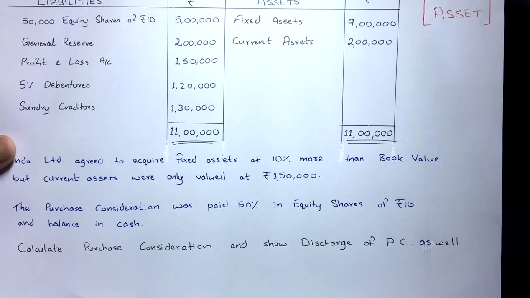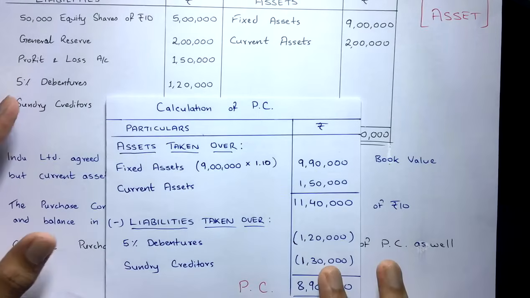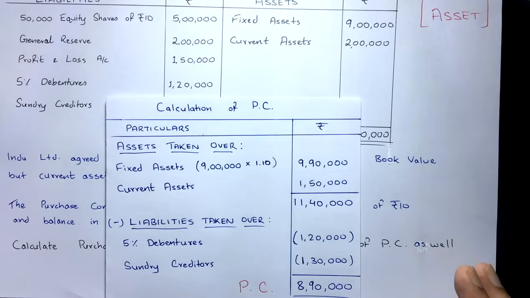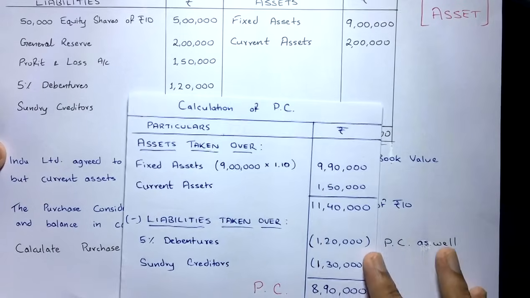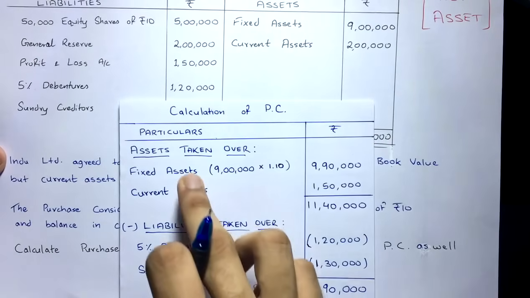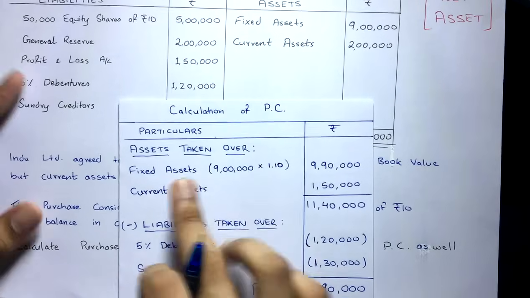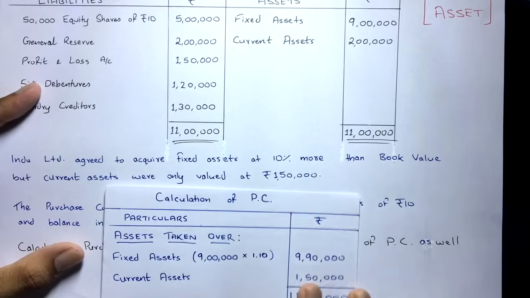Now let's solve this problem. First, assets minus liabilities: the calculation of purchase consideration. What all assets Indu Limited has taken over, that you are going to take. Fixed assets and current assets are there, but the fixed assets have been taken over at 10% more than the book value.